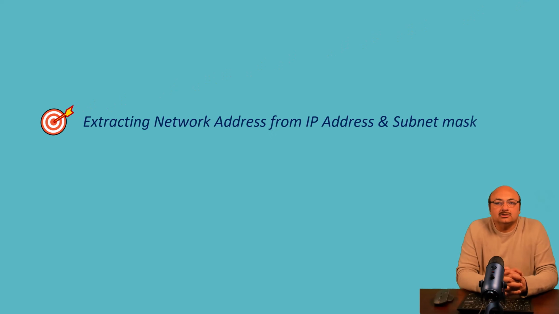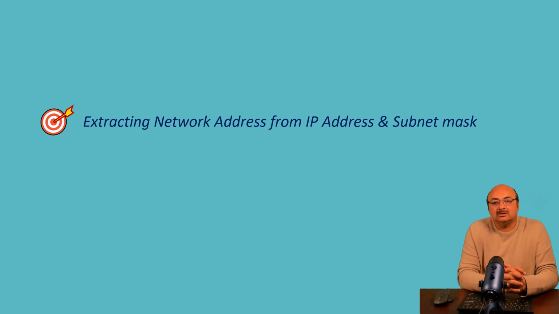In this lesson, I'll be covering how a PC derives its network address using its IP address and subnet mask. I'll begin by taking an IP address, finding out the default subnet mask by looking at the first byte of that IP address, applying the bitwise AND concept and extracting the network address.